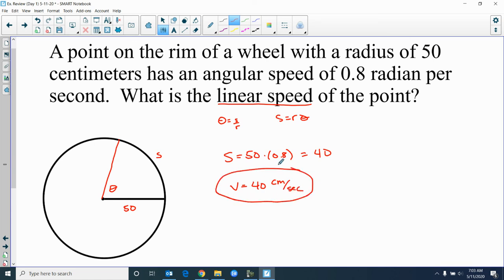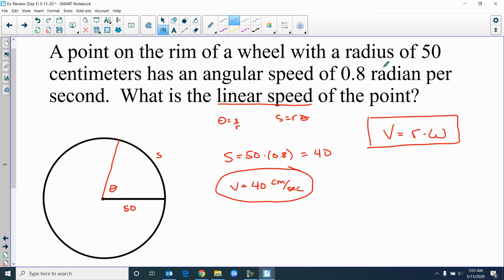Now this one didn't work out too bad, but we also talked about there's another formula. Velocity equals r times omega. This one can be very useful, but a lot of times you can solve it with what I call the brute force method. You've got to do a few more calculations, but you can get there. Omega is the angular speed, not the number of revolutions, not anything like that.